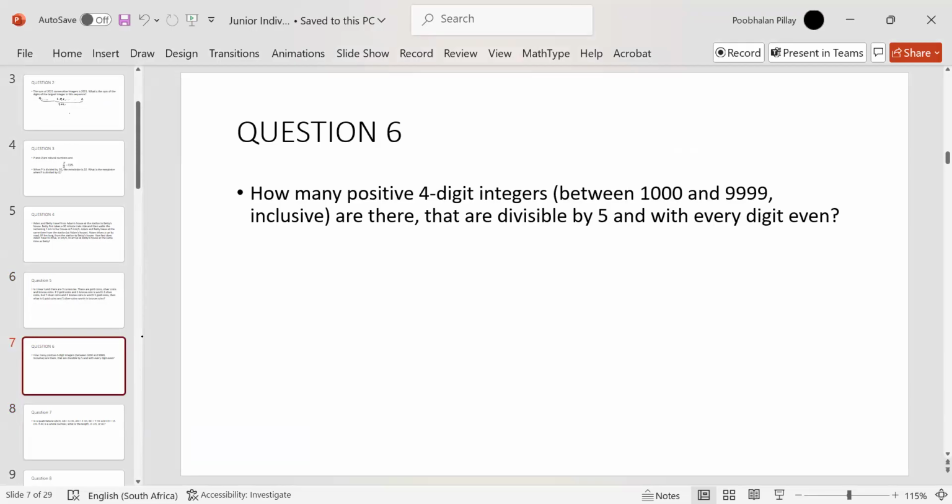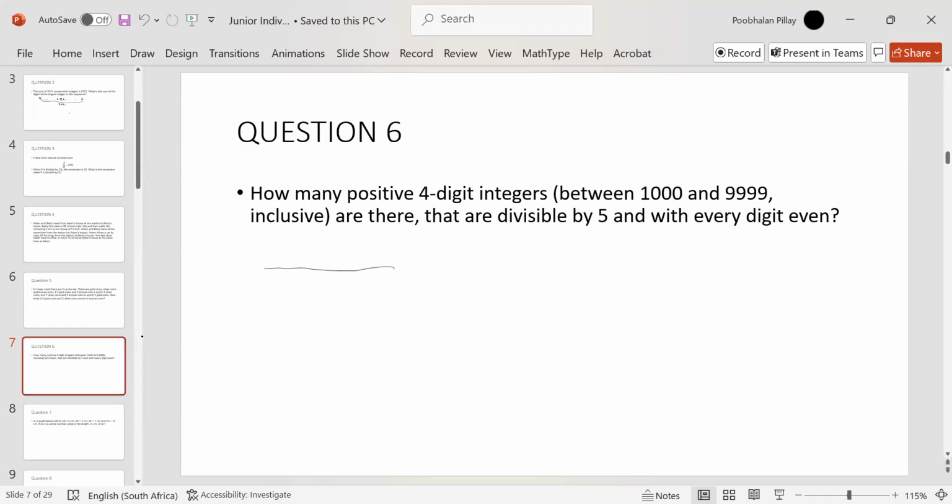How many positive 4-digit integers are there that are divisible by 5 with every digit even? All right, so you got 4-digit integers, right? So you're going to fill in 4 spaces.